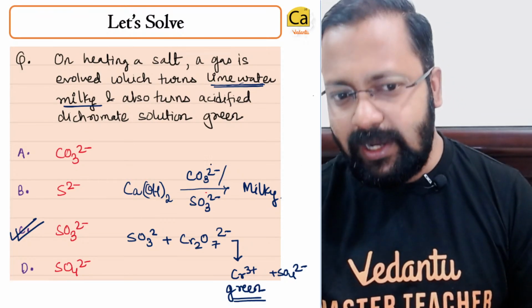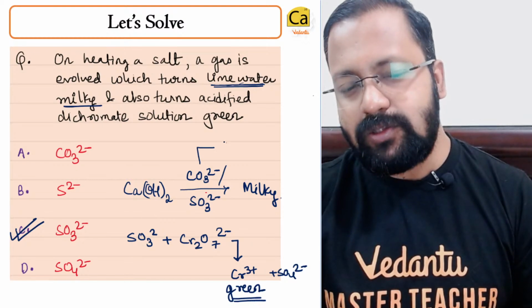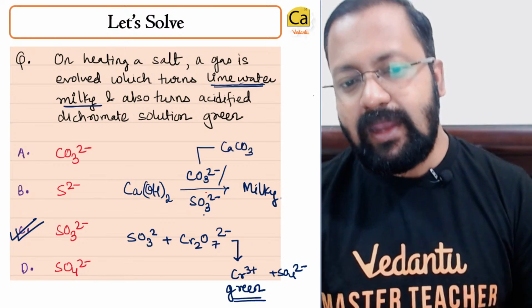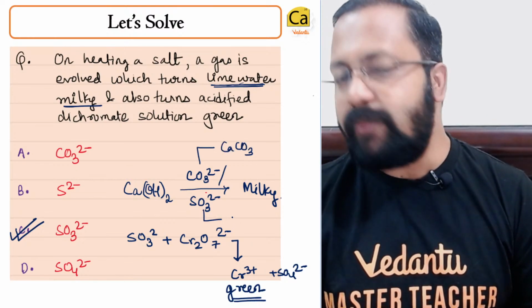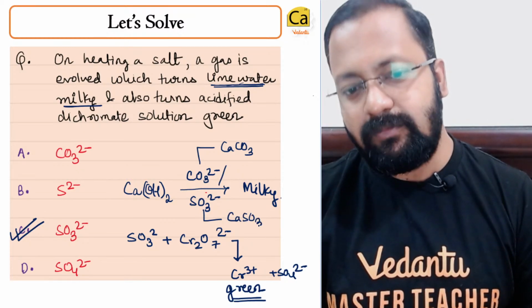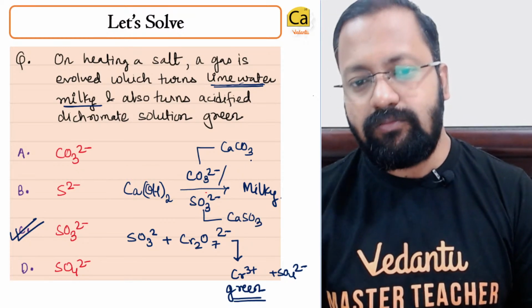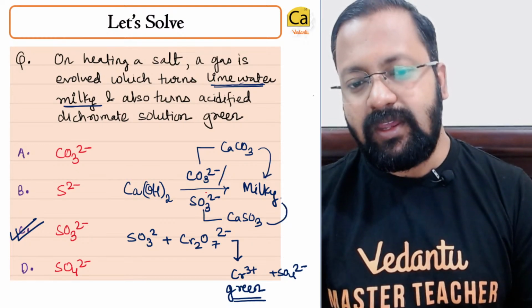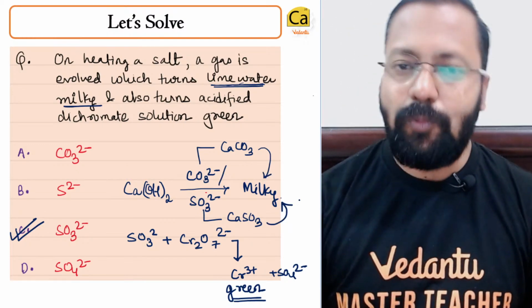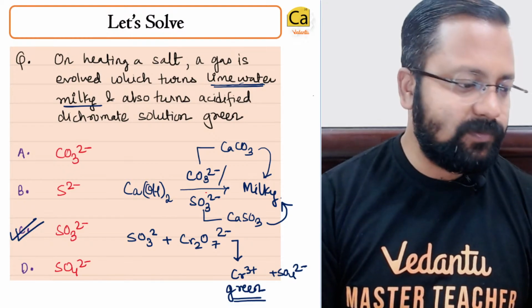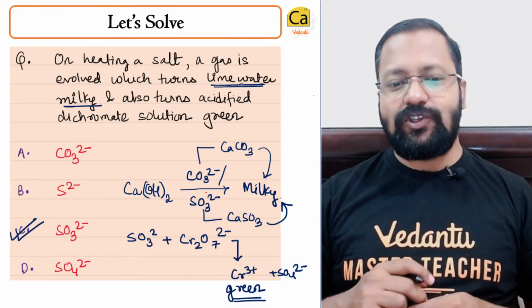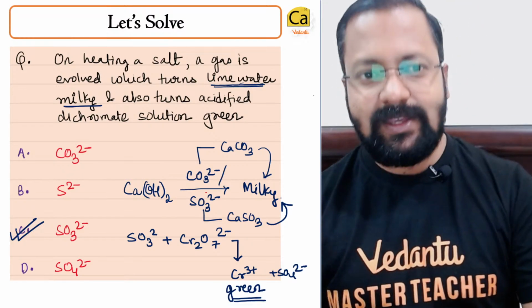If you use carbonate, then it turns milky because of calcium carbonate, and if you use sulfite, it will turn milky because of calcium sulfite. Both of them will give a milky appearance. Clear? The right answer should be sulfite, that is C.